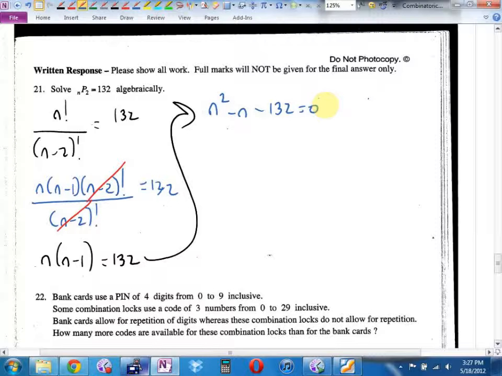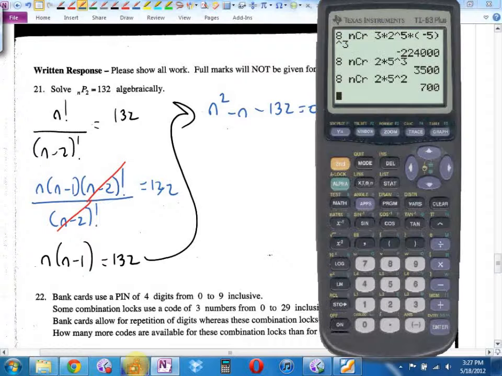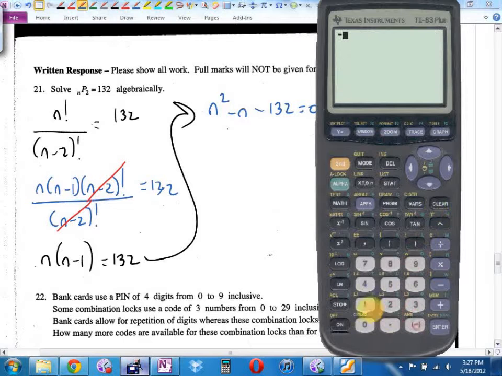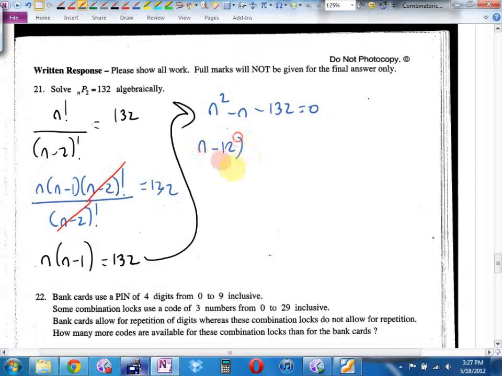Are there numbers that multiply to negative 132 and add to negative 1? Yes, 11 and 12. In fact, I think I want to go n minus 12, n plus 11 equals 0.